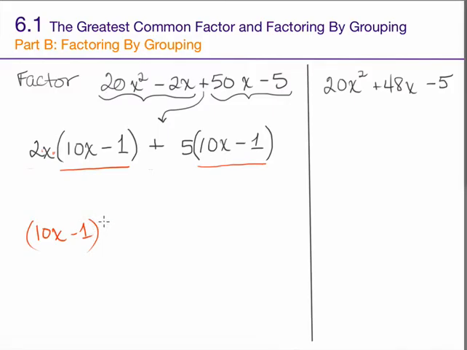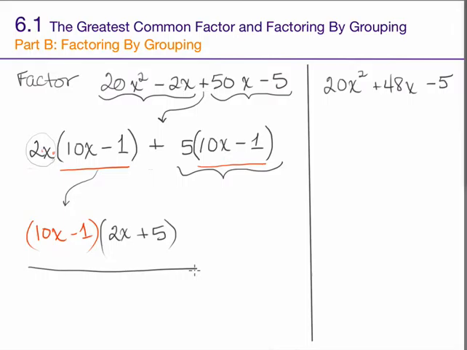What do we have to distribute 10x minus 1 by to get this term? 2x. Another way to think of this is what's left over when I undistribute 10x minus 1. What's left over is 2x. When I undistribute 10x minus 1, what's left over here? It's 5. It's the thing I had to multiply by 10x minus 1 to get this term.